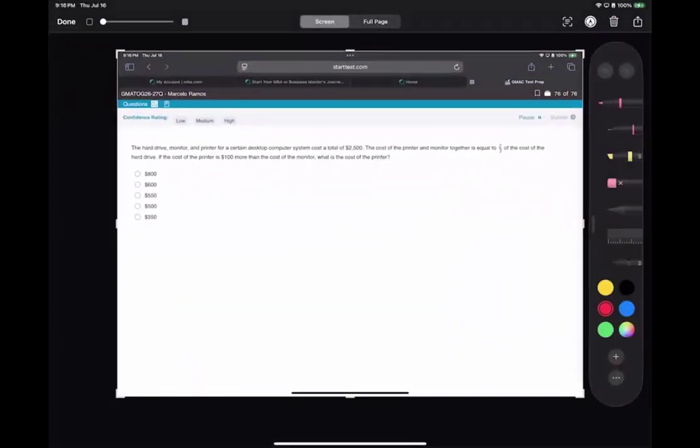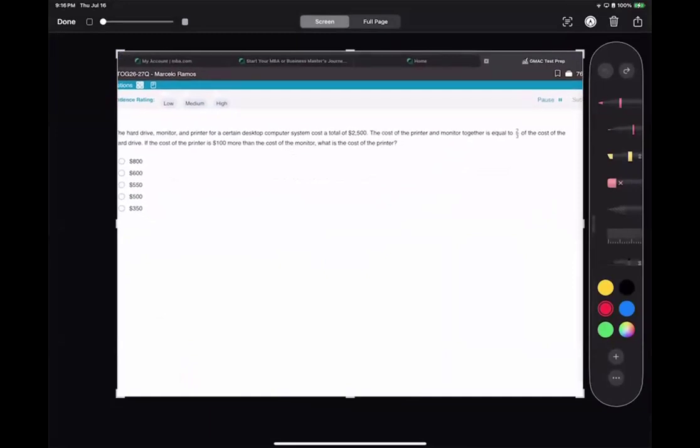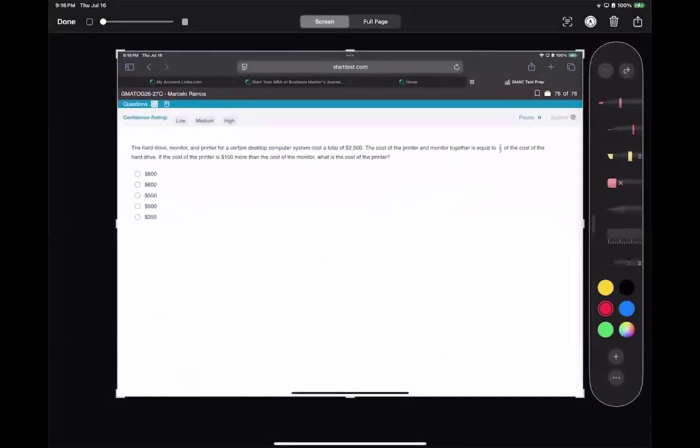Okay. The hard drive, monitor, and printer for certain desktop computers cost 2,500. Is that okay?